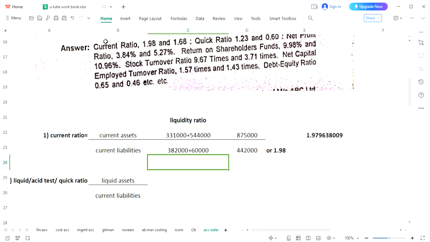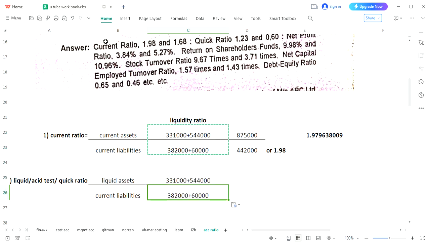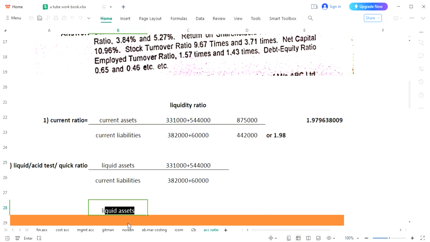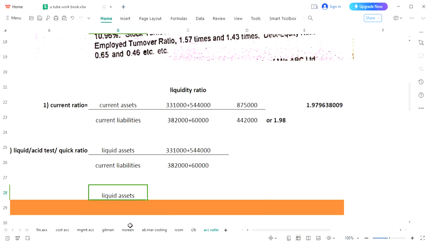Now let's calculate our liquid assets, and you know it very well. All amounts I have copied, and to calculate your liquid assets, what do you need? For liquid assets, you will take the same current assets already written, and you will subtract stock and prepaid.